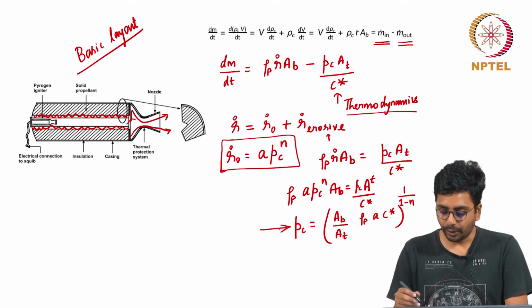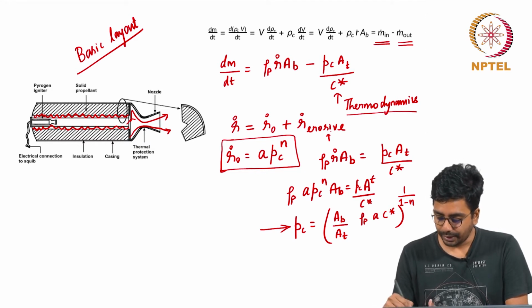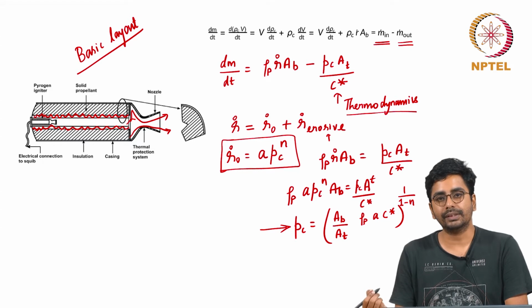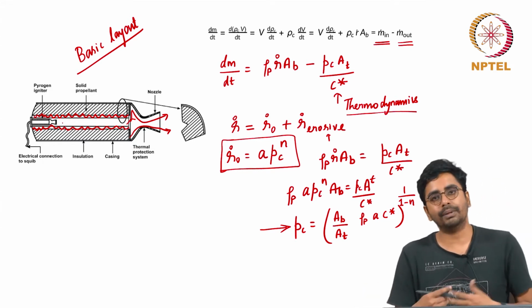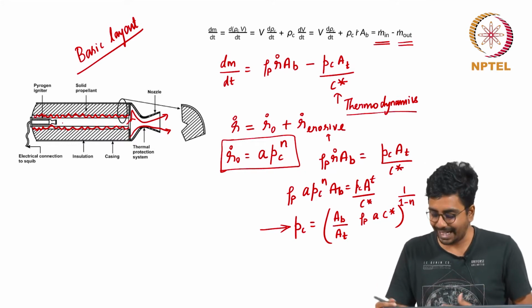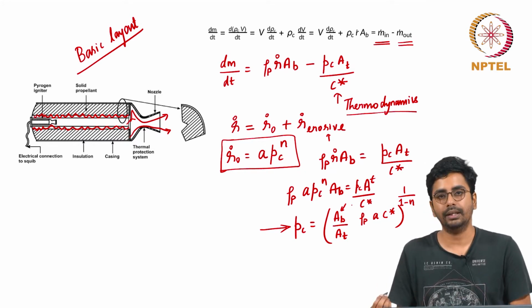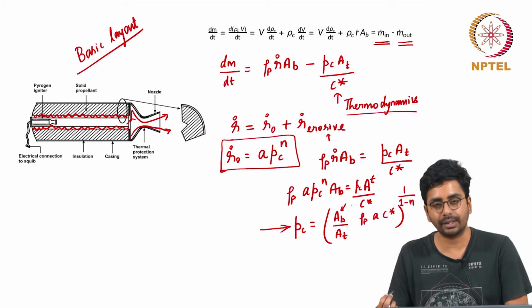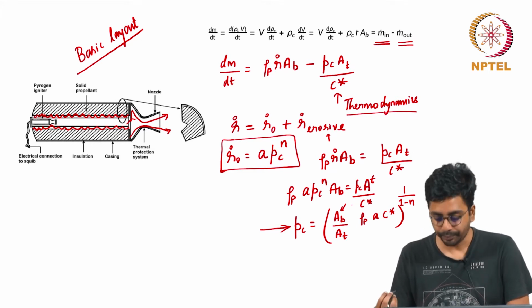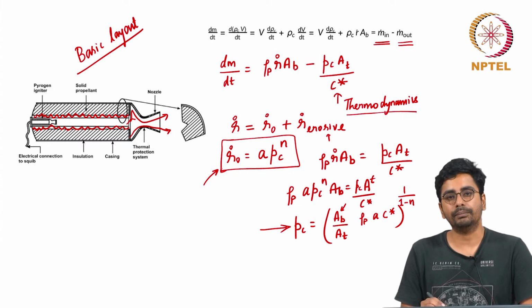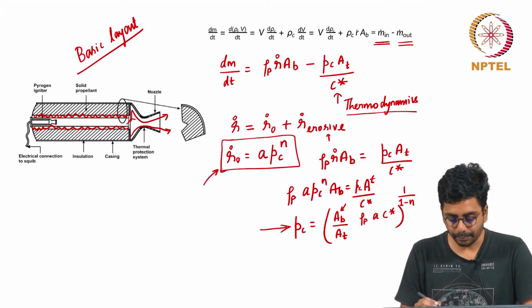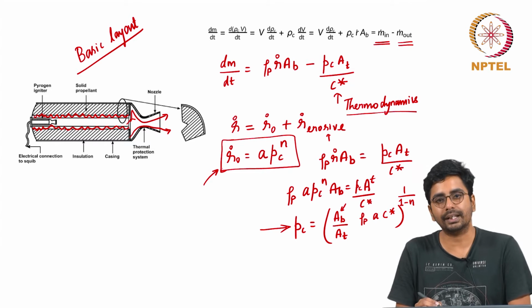Ignoring the erosive burning component, this will be the equilibrium pressure inside the rocket chamber, and as the burning surface evolves the burning area will change, and the pressure inside the chamber will also change. R dot 0 is typically obtained from experiments, but it takes a lot of trial and error.